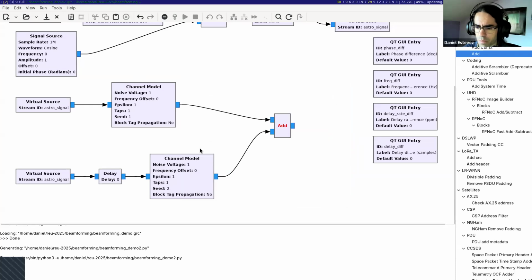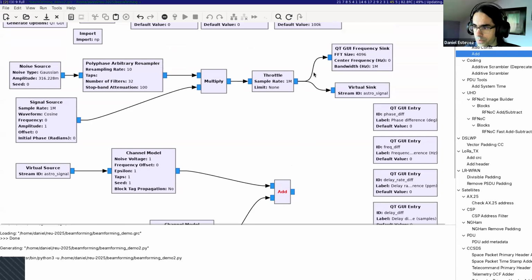So in this simulation, we are asking ourselves what happens if we don't calibrate these quantities, which is relevant even in a real observation, because no calibration that we do is going to be perfect. So there will always be some residual error. And then we can understand how that residual error affects the beamforming.